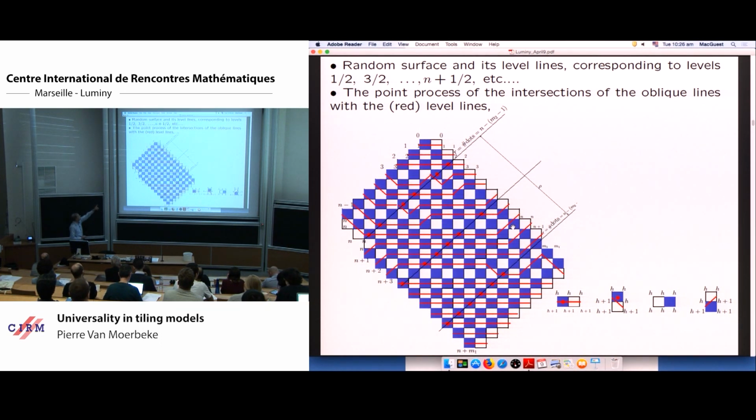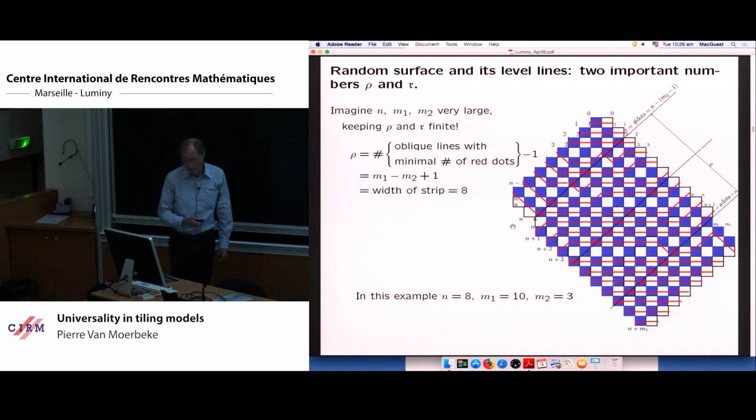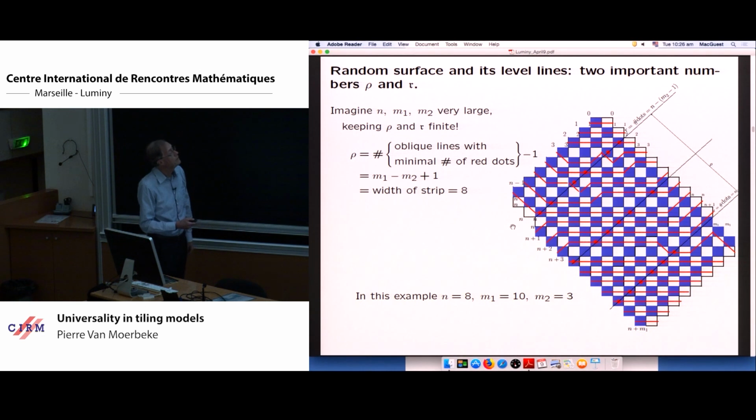So that means it's a random surface, and you have those level lines, and then it's the point process of these red dots which we want to study. Then I think I said essentially everything. So in this situation, the n is equal to 8 here.